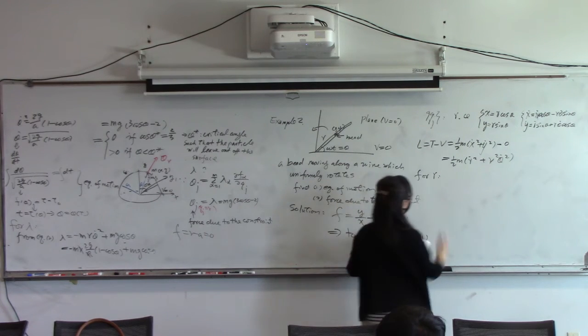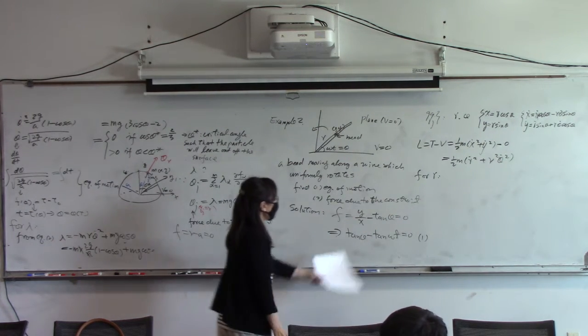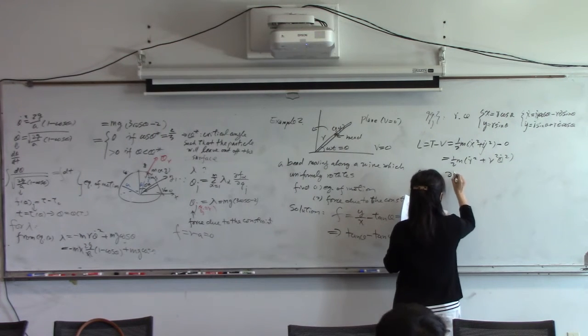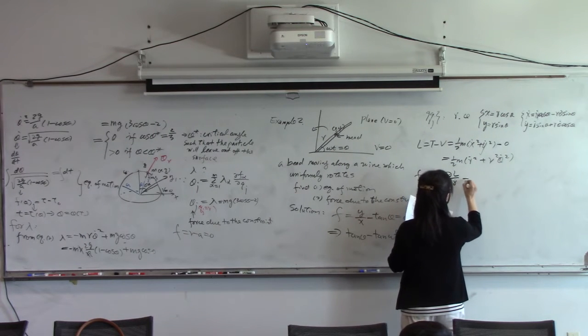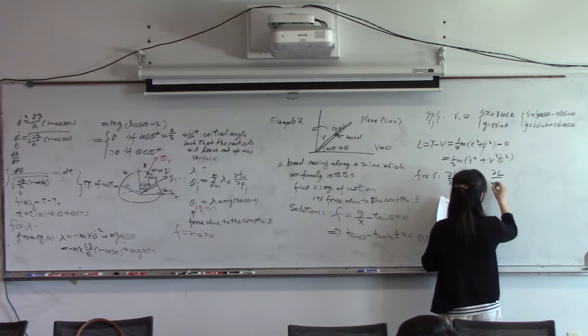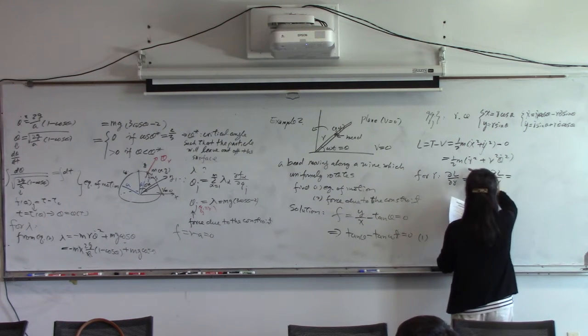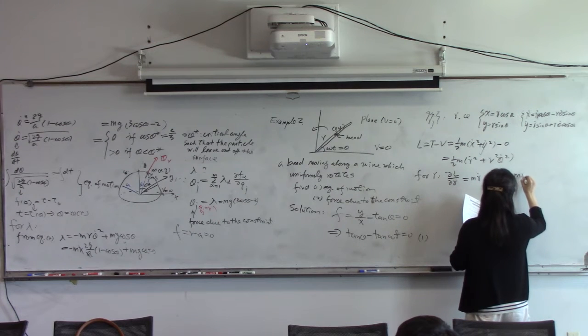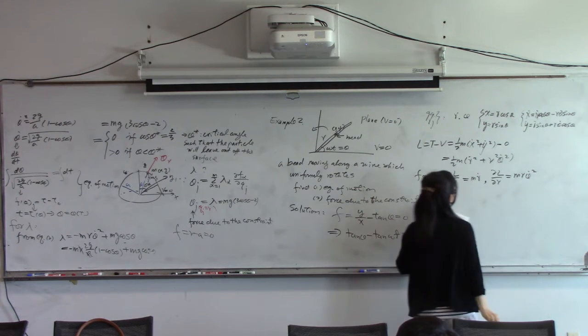First for r. We have two variables, right? Let's consider r. Partial L, partial r dot is m r dot, right? Partial L, partial r is m r theta dot square.